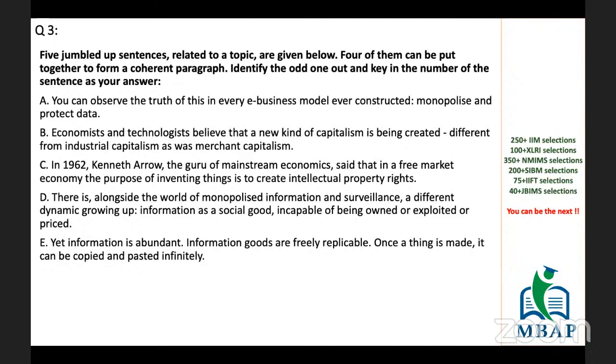Economists and technologists believe that a new kind of capitalism is being created, different from industrial capitalism, as was merchant capitalism. In 1962, Kenneth Arrow, the guru of mainstream economics, said that in a free market economy, the purpose of inventing things is to create intellectual property rights.